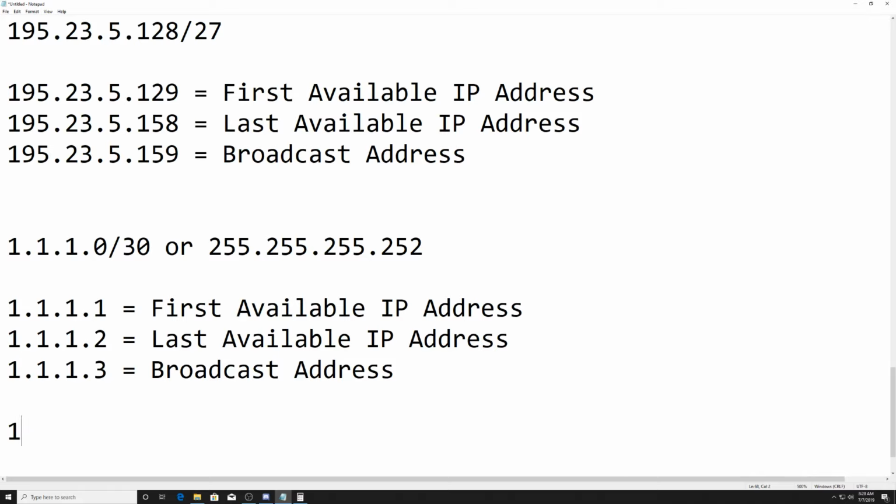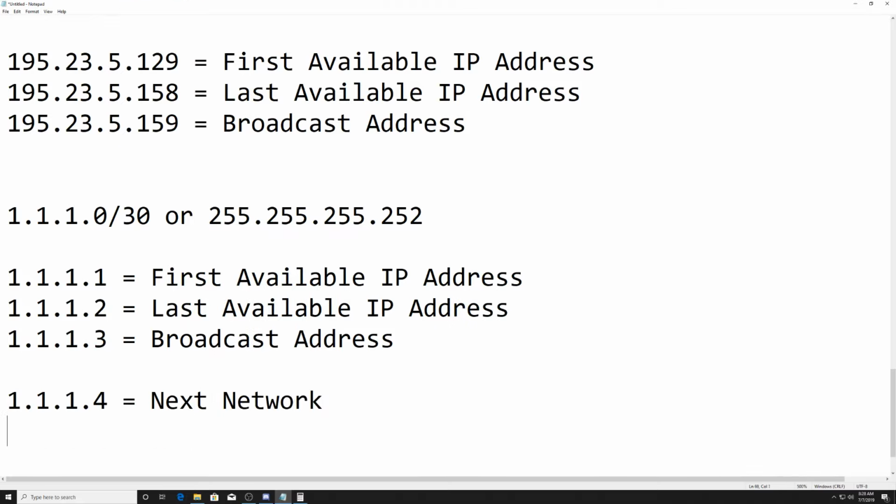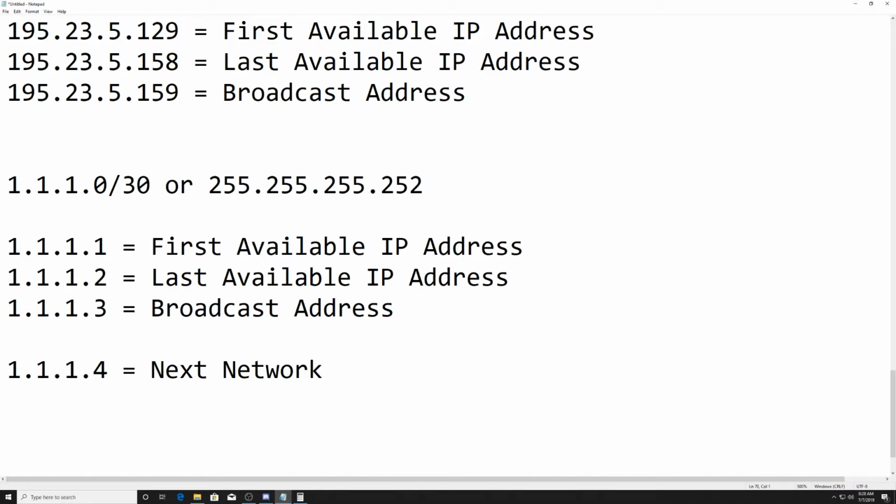So equals, and I should have done this earlier, sorry about that. Next network. So, and actually let me do this too. /30. And you can use this. Remember, because .4 is the next network, you cannot use this .4 because that's the network ID. You cannot use that.